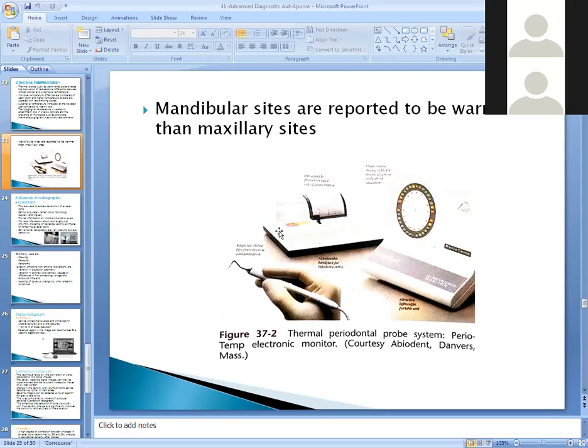So this temperature sensitive probe will give you an idea. There are different color codings here: red, orange, and green. So where temperature is normal, there you will see findings of green color, and other than that, you will see colors like orange or red.